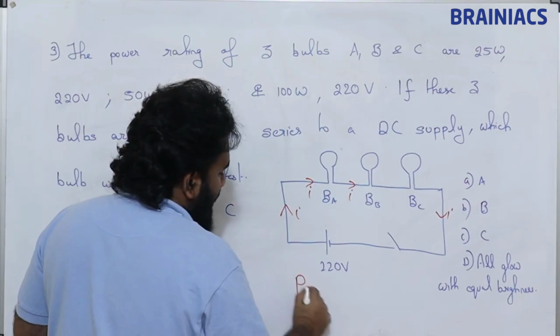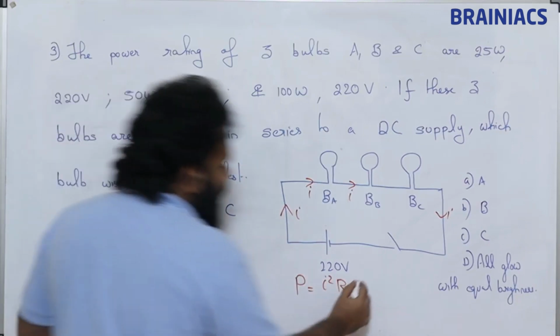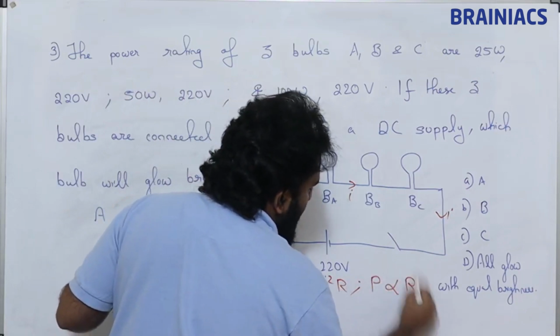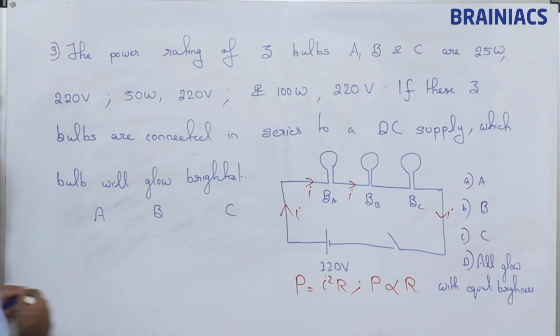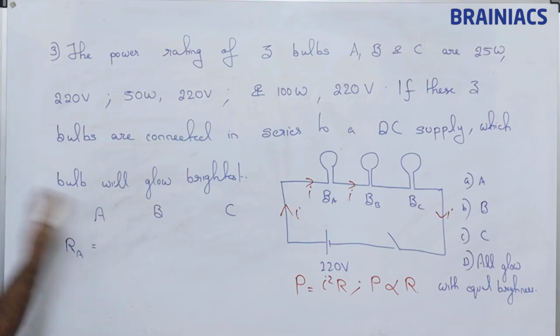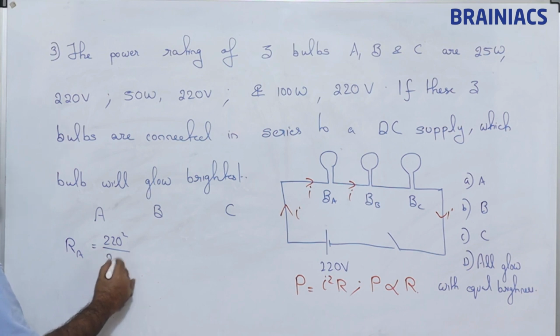So power is going to be I square R. From this we can say power is proportional to the resistance of each bulb. So what is the resistance of A? Resistance of A will be V square by P, so 220 square divided by 25.